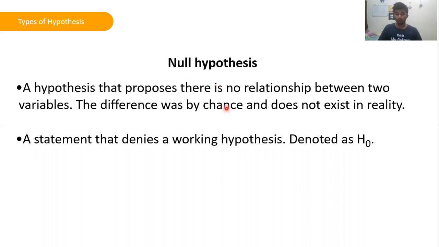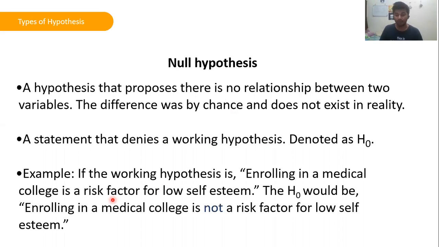Because there can be only one truth. Either the working hypothesis will be true, that A and B are related, or the null hypothesis will be true, that A and B are not related. This is the concept of null hypothesis. So if we take an example, if my working hypothesis is enrolling in a medical college is a risk factor for low self-esteem, then what will be my H naught, or my null hypothesis?